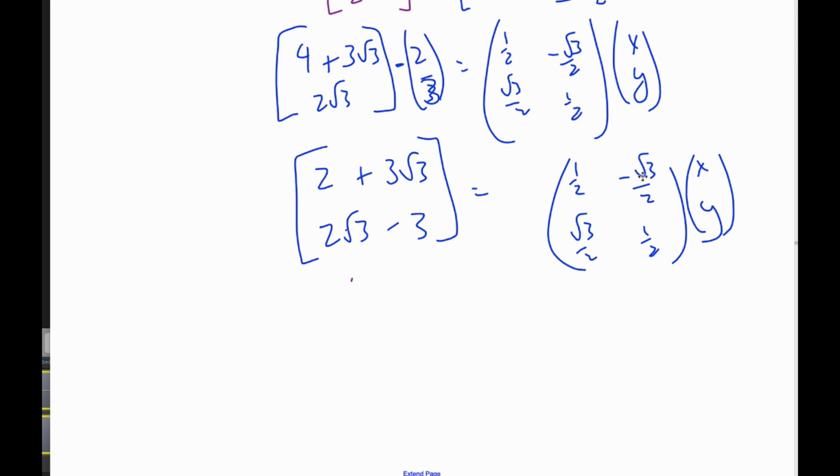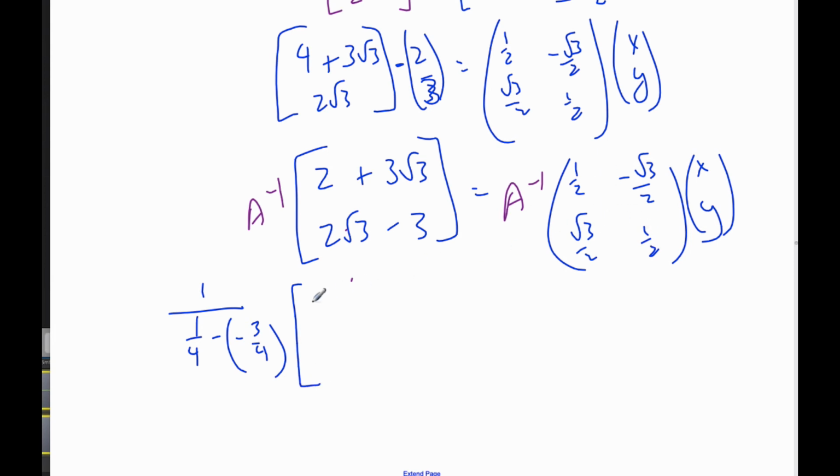Now to find x y, I have to find the inverse of this matrix. I'm going to have to multiply the inverse here in front. So to find the inverse, I'm going to find the determinant first. 1/2 times 1/2 is 1/4. So it's 1 over the determinant, minus root 3 over 2 times a negative root 3 over 2, which is a negative 3 over 4.